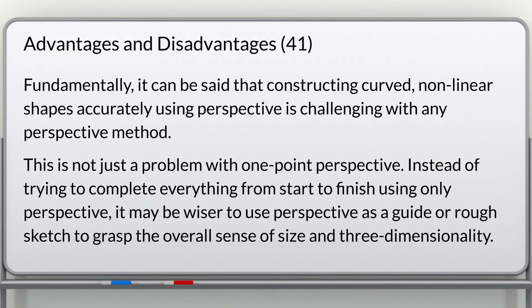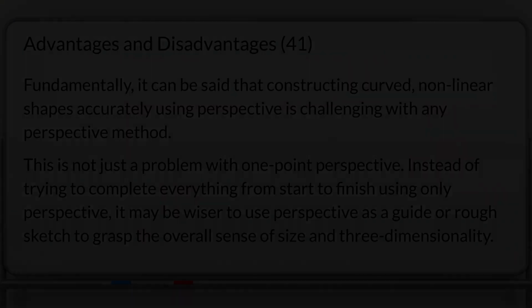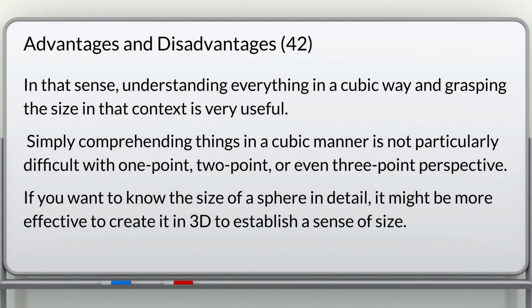Instead of trying to complete everything from start to finish using only perspective, it may be wiser to use perspective as a guide or rough sketch to grasp the overall sense of size and three-dimensionality. In that sense, understanding everything in a cubic way and grasping the size in that context is very useful. Simply comprehending things in a cubic manner is not particularly difficult with one-point, two-point, or even three-point perspective.